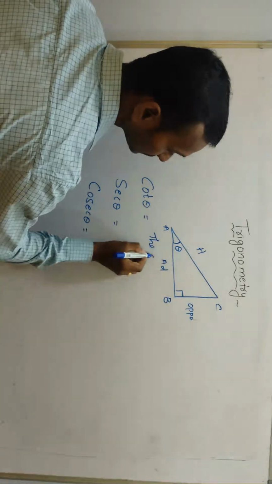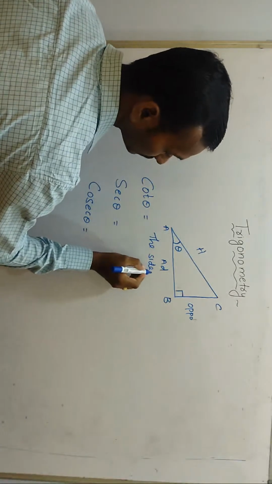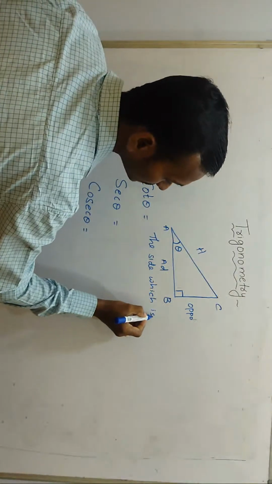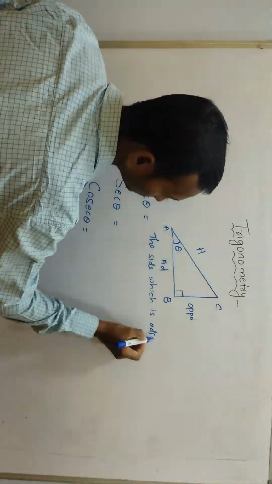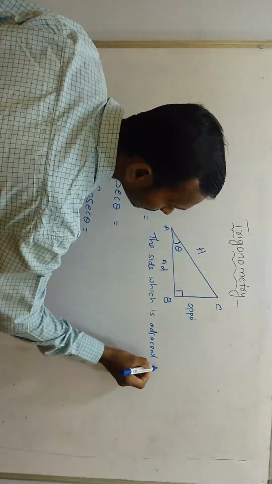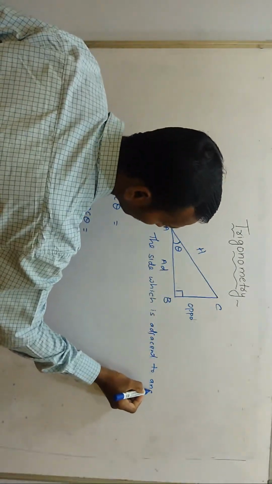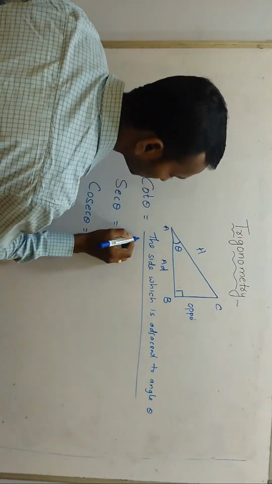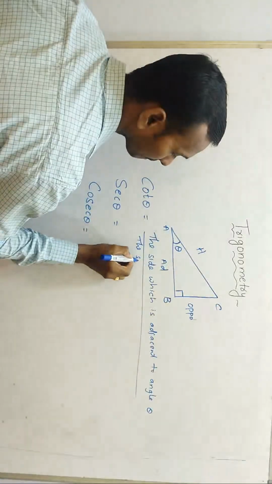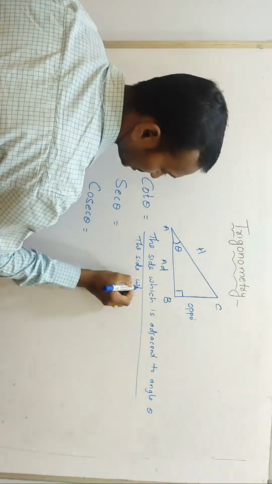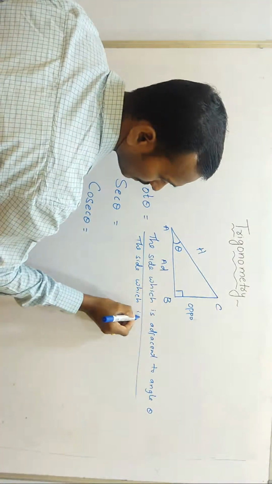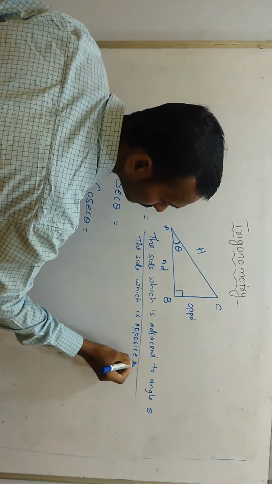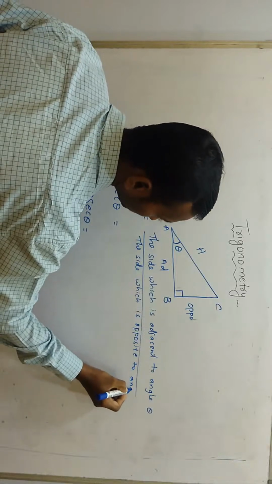The side which is adjacent to angle theta by the side which is opposite to angle theta.